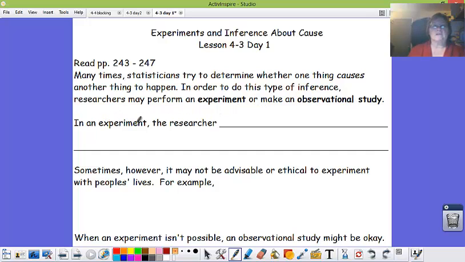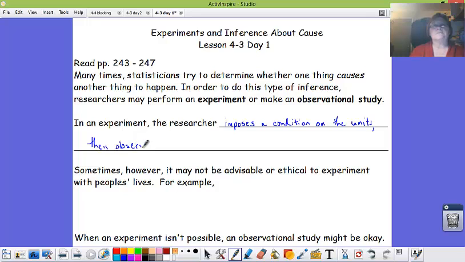In an experiment, folks, the researcher imposes a condition on the subjects. Okay? They make the people or the units do something. They impose a condition on the units, then observe the results.